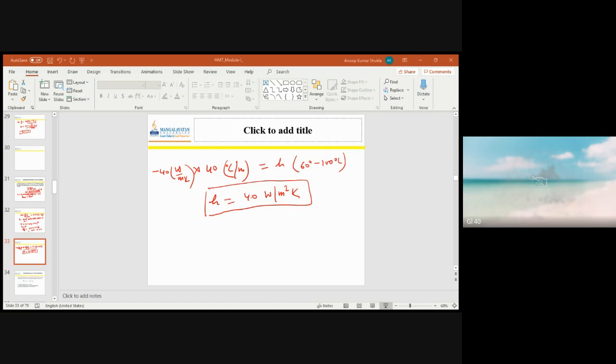So for that case, we use Q upon A equal to sigma, and we just introduced the emissivity. Emissivity is the effectiveness, you can say, a radiative property of the surface. So when we deal with a real surface, we use this parameter where epsilon is the emissivity.